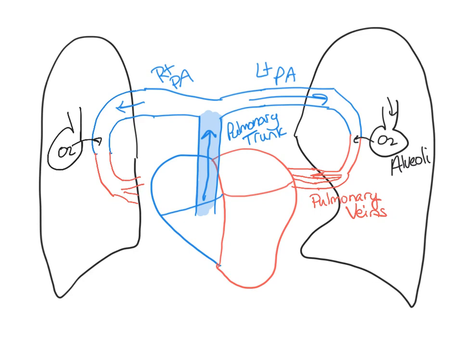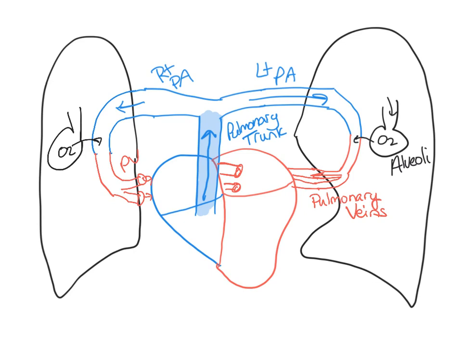And so we end up having two pulmonary veins from the right lung and two pulmonary veins from the left lung. And they're all going into that left atrium. Okay, so I'm not showing them here. They're going to kind of tuck right behind the heart there, and they're going to end up going into that left atrium. So this is the pulmonary circuit.